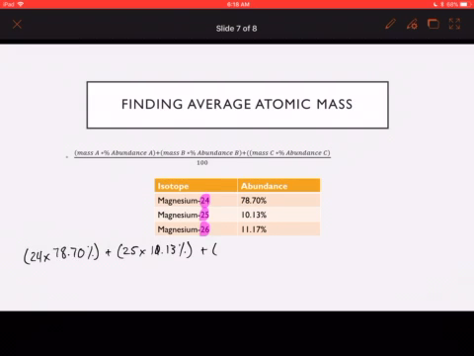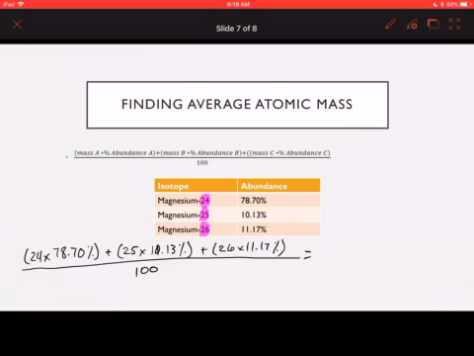So here I'm taking the masses and multiplying by their percent abundance. And then I'm going to divide by 100 in the end. If I use the calculator on the iPad, it's going to screw up the screen recording. So I'm doing this on a separate calculator.